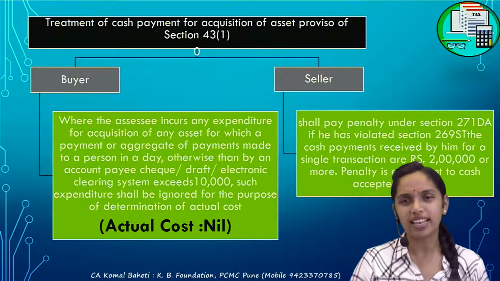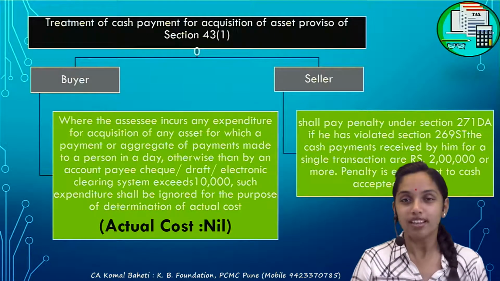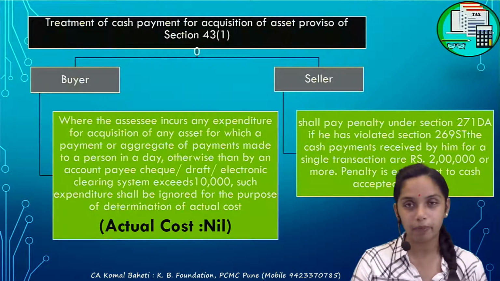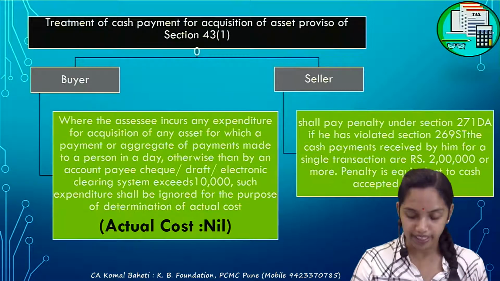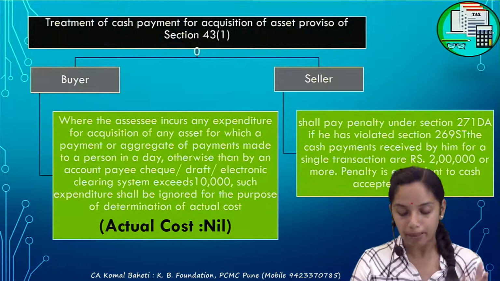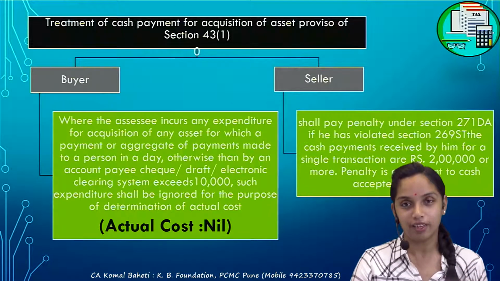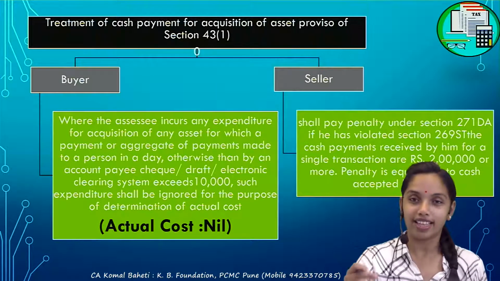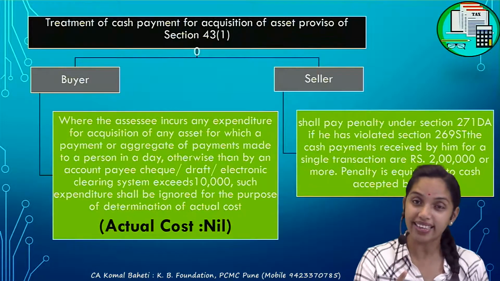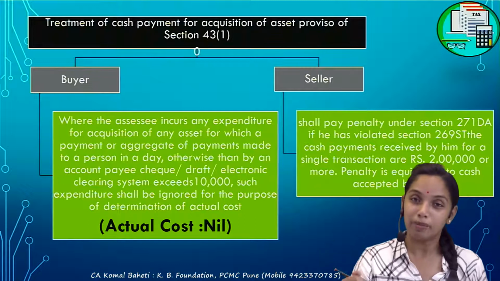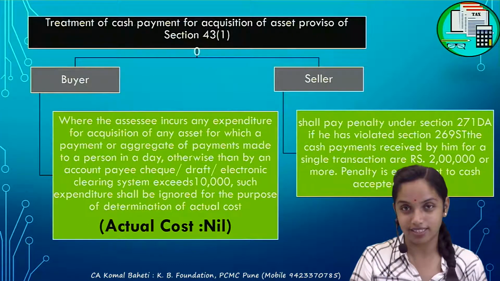I'll give a small example to have a better understanding of it. For example, there is a machinery that you had purchased for 4 lakh on the 1st of Feb 2020. On the same day, you had made a payment in cash of 5,000. You had paid 5,000 ten times in a day to a person. Correct? In a day, 5,000 ten times. Each time you had paid 5,000.